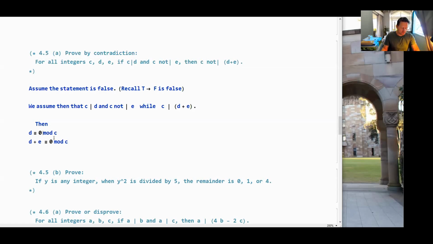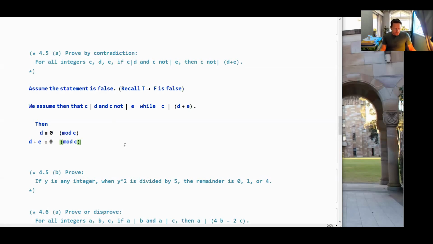Typically when you write this, you put a bracket around the mod, that's just typical notation for writing mod something. It might be nice to leave a little bit of space, and how about we even line those up. So what we're looking at here is a simultaneous congruence. That's just this statement here, c divides d, and then the statement c divides d plus e.